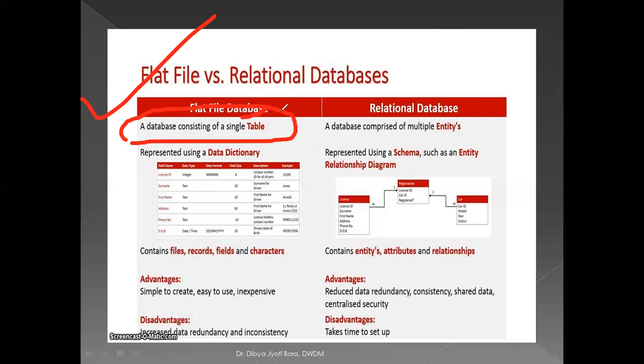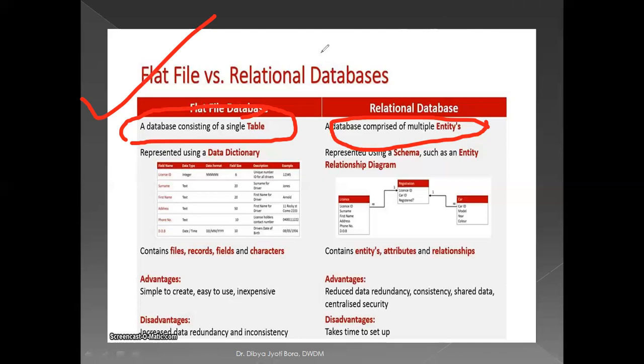You have yourself created many different tables based on the different multiple entities, right? According to the number of entities, we create that many tables. So in the case of flat file database we are working on a single table, we have only one table, but in the case of relational database we do have multiple tables.